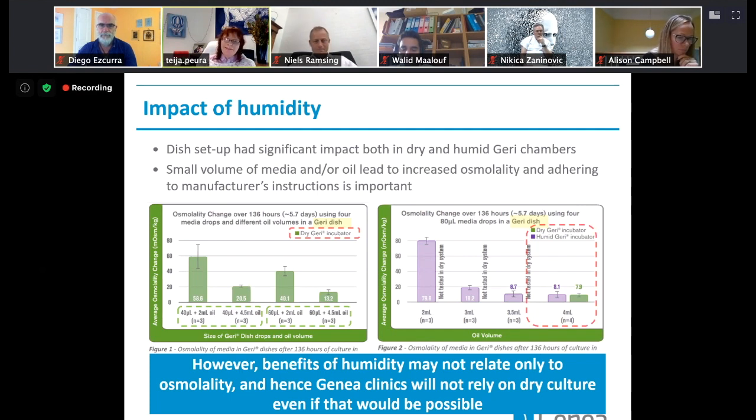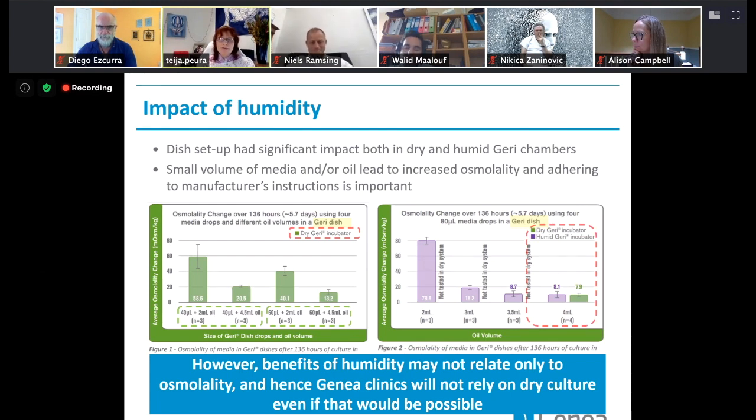But this is where the fact that the fertility clinic is a completely independent operator and makes its own decisions came into effect. They actually didn't want to do any clinical studies comparing dry and humid, because by that time there had already been some studies showing the impact of humidity, the increased development rates and increased pregnancy rates.